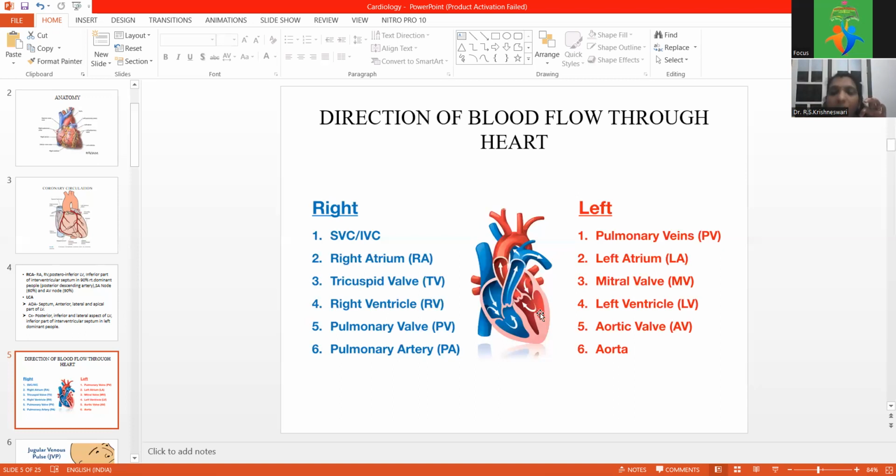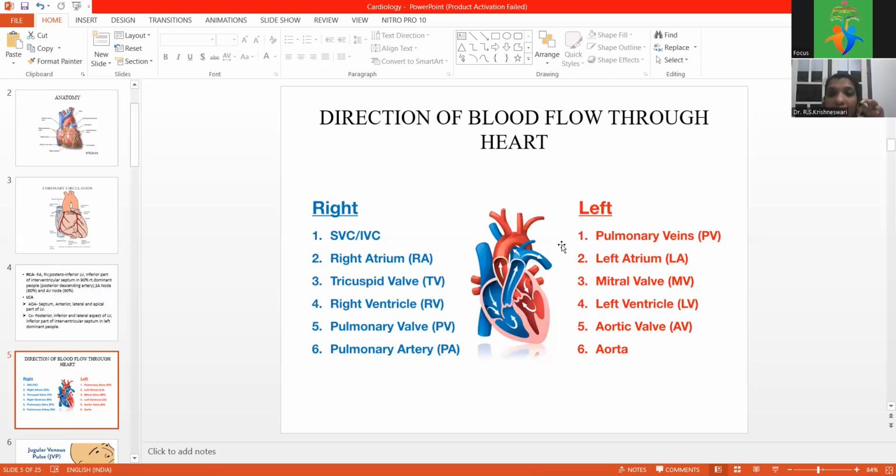So the blood from the left ventricle reaches the aorta through the aortic valve, which is also a tricuspid valve, and through the aorta the blood reaches all parts of the body. The important thing to remember is that the right atrium and right ventricle are separated by the tricuspid valve.